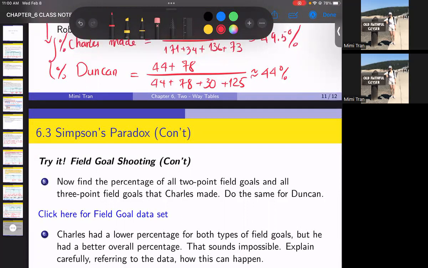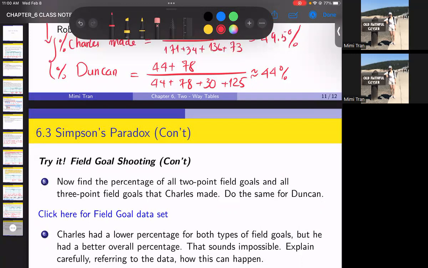And then you do the same thing for Matthews 3 shot. So equal 3 shots made by Matthews will be 34 here, divided by the total of all 3 shots, which is 34 plus 73. I'll just click on the cell. Again, I'm gonna round this.